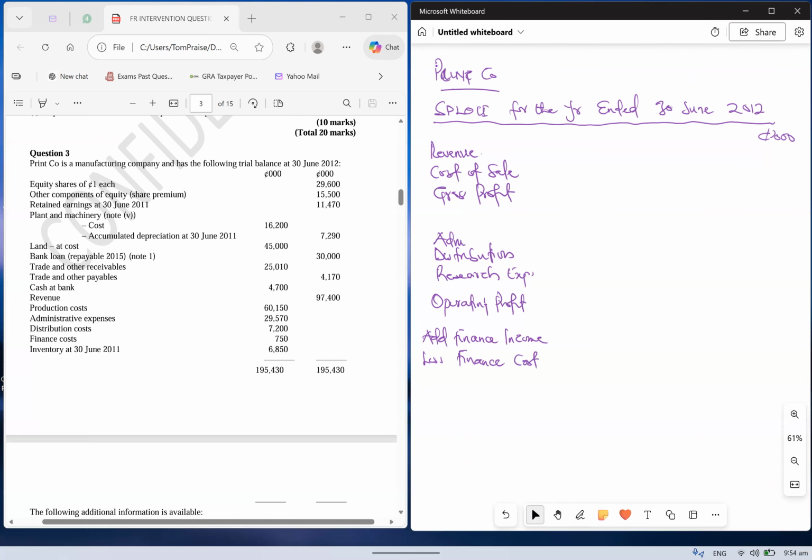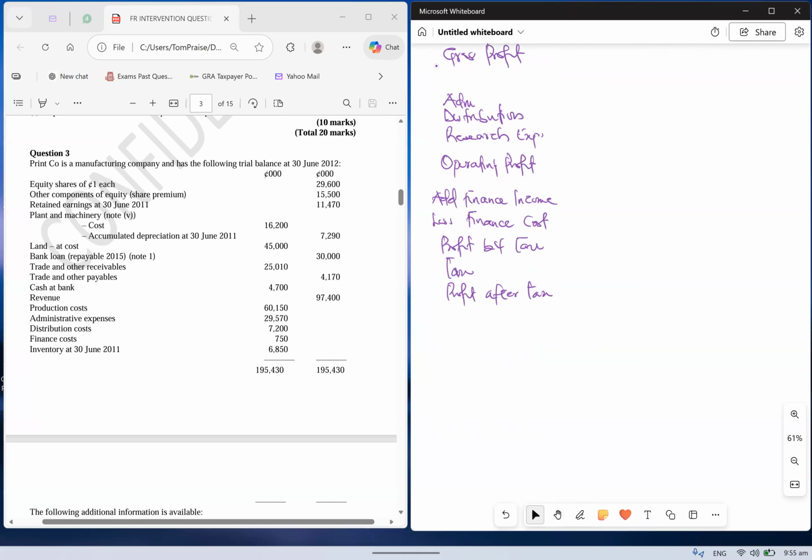You have to set it up because you are doing P&L. After that, you get profit before tax. Then you tax. So you have profits after tax. Then if there is OCI in the question, so you say OCI, then you bring in revaluation surplus.